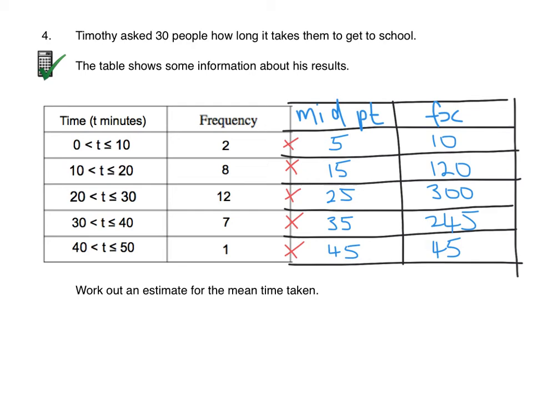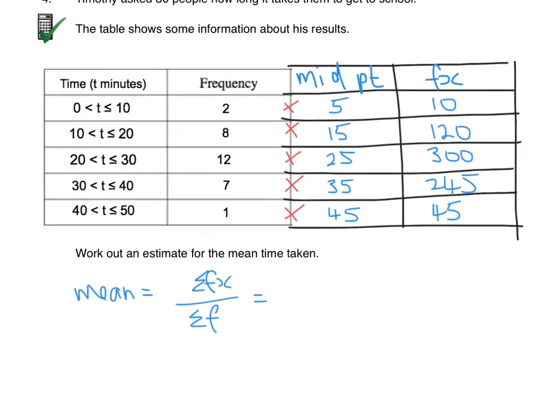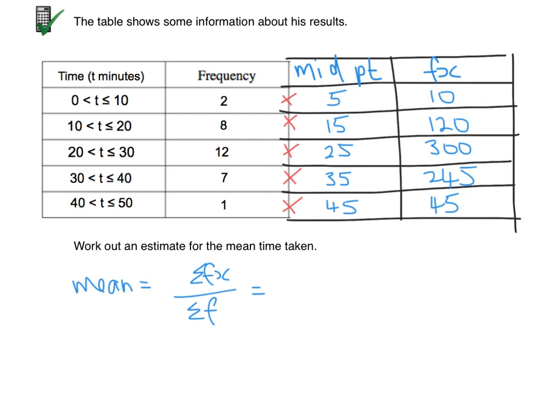Again, the same formula for the mean. The mean is the sum of the fx column divided by the sum of the frequency column. The frequency, it does say in the question that it's 30. We can just double check: 2 plus 8 plus 12 plus 7 plus 1 is, as it says, 30.